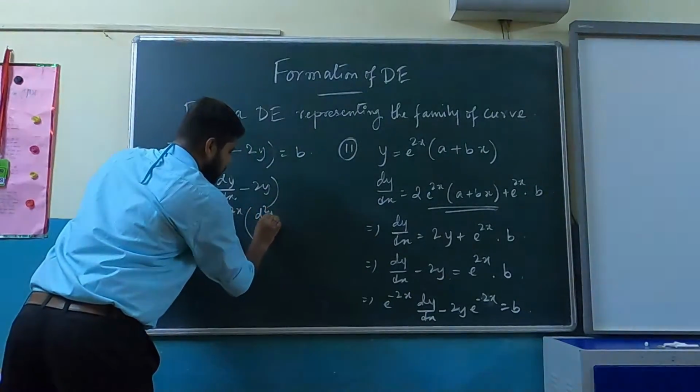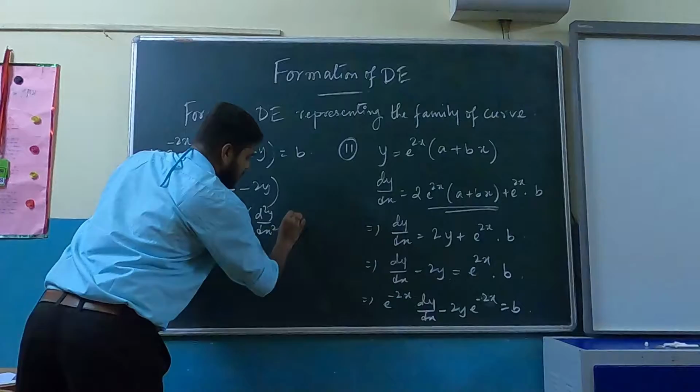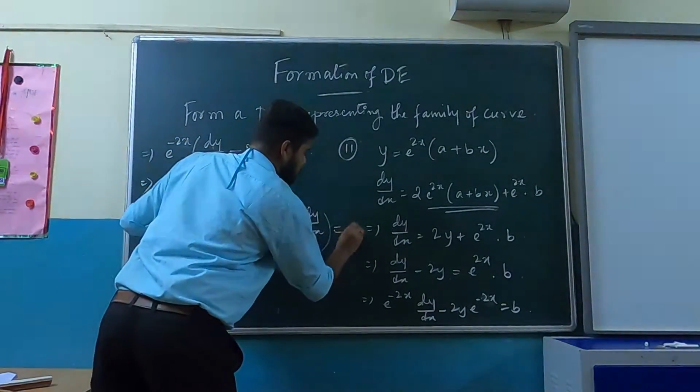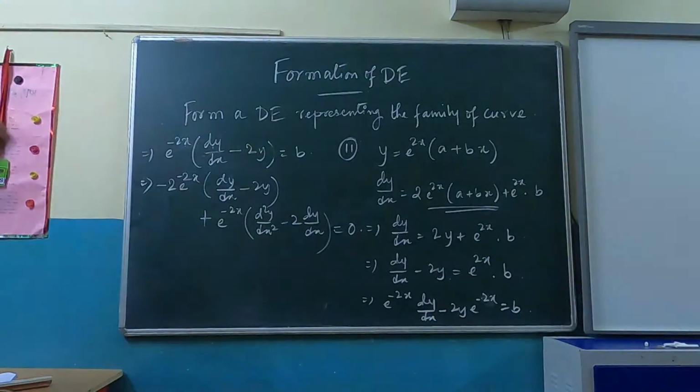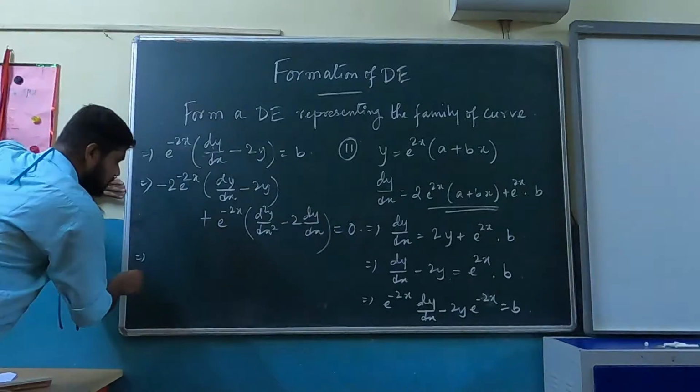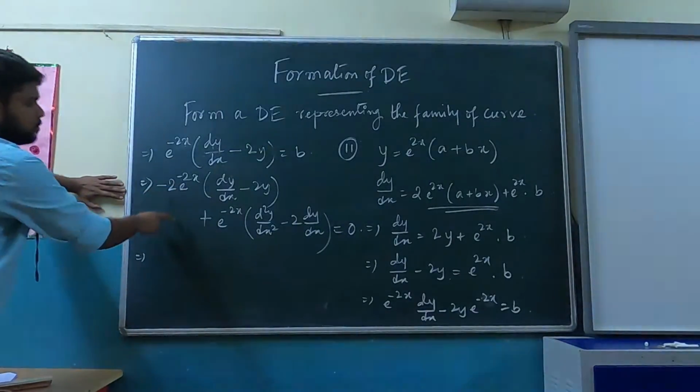This becomes d2y by dx2 minus 2 dy by dx is equal to 0.